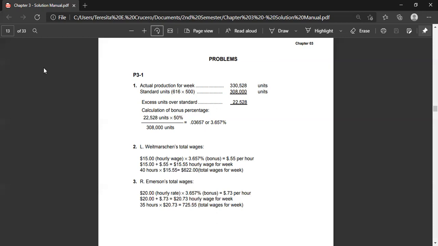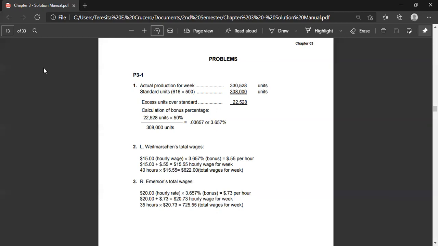Then you add it to 15 as the hourly rate, so you get 15.55 hourly rate for the week. And 40 hours times 15.55, so he gets $622 total wages for the week.